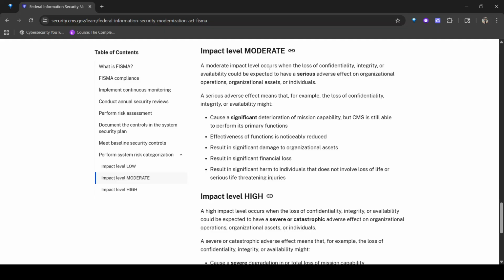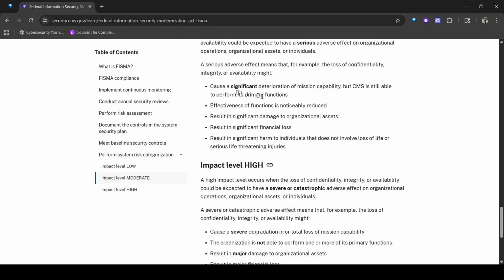The moderate impact level occurs when the loss of confidentiality, integrity, or availability could be expected to have a serious adverse effect on organizational operations, assets, or individuals. A serious adverse effect means that, for example, the loss of confidentiality, integrity, or availability might cause a significant deterioration of mission capability, but CMS is still able to perform its primary functions.